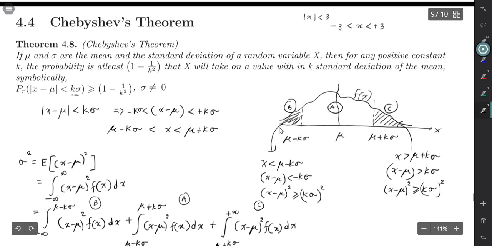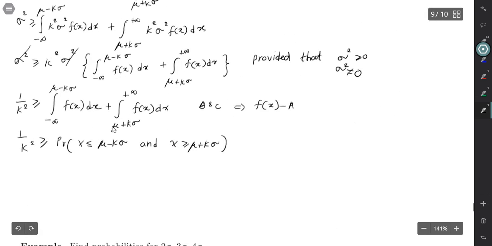The area under the curve B is the probability that the random variable x takes values less than mu minus k sigma. C is the area under the curve, which is the probability that x takes values greater than mu plus k sigma. So you can write it like this. These are the two tails, tail B and tail C.